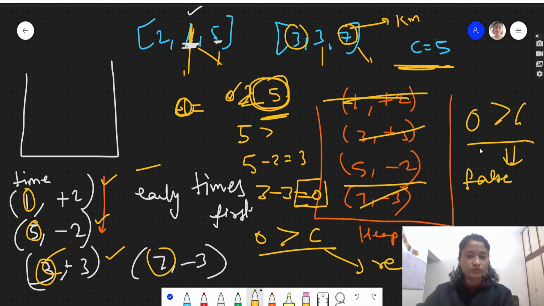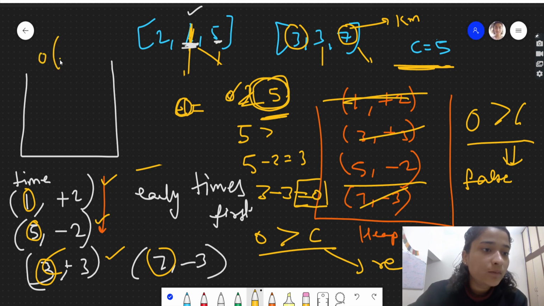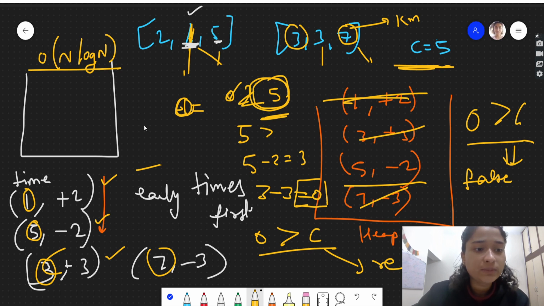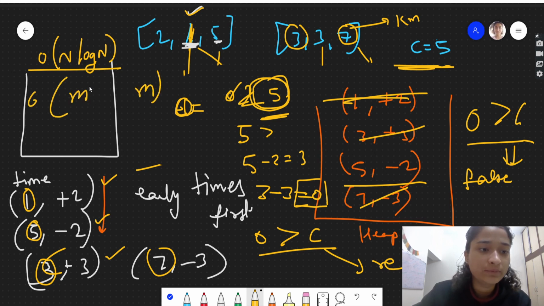So this was one approach in which we were using heap. The time complexity will be n log n for this, because we are using heap, and the space will be the number of all these values which we are pushing in the heap. Let's say these are m, so it will be O of m space, because we are pushing all the start times and the end times.